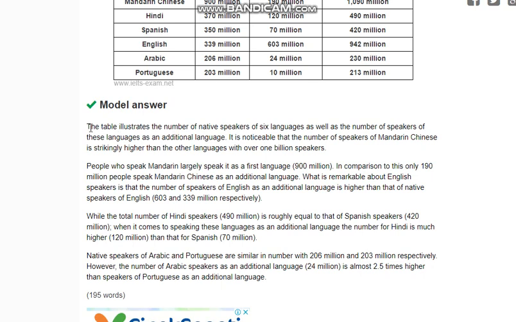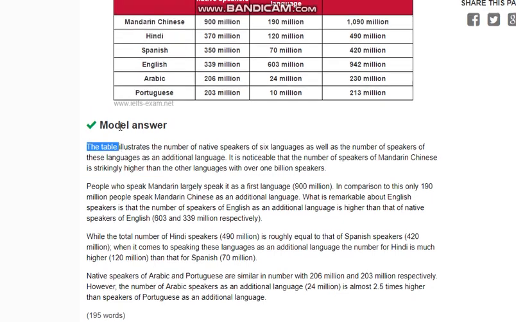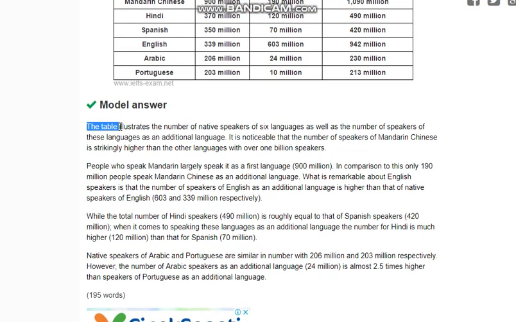So the table illustrates, so the table can be considered a terminology of that writing. You cannot easily see the term in normal reading environments. So the table illustrates.